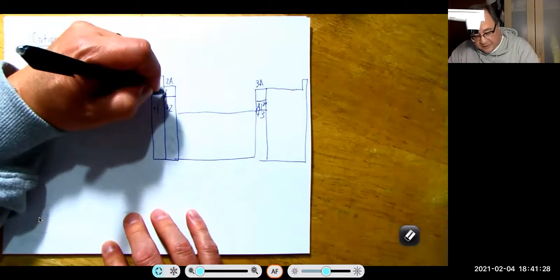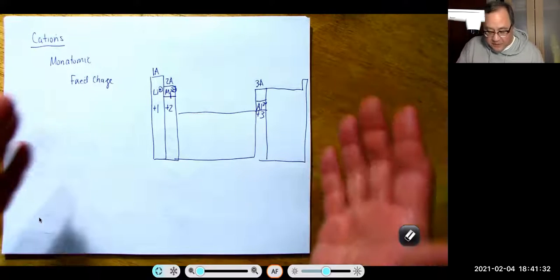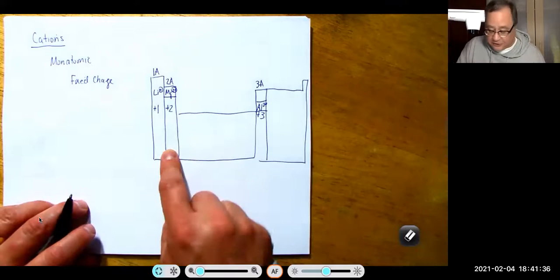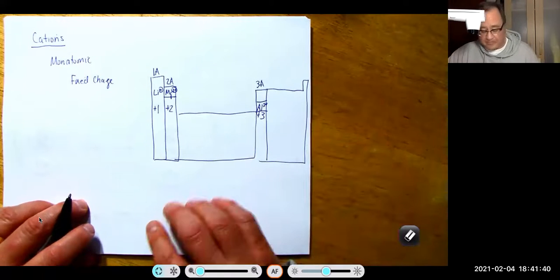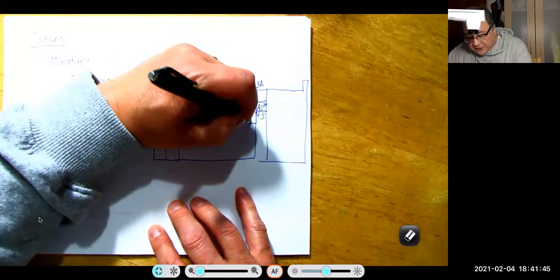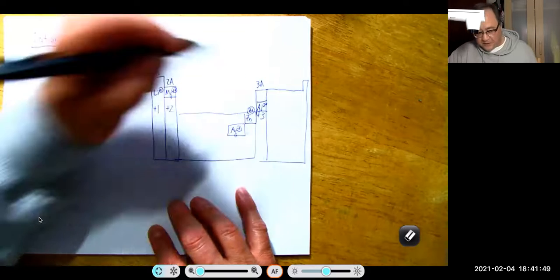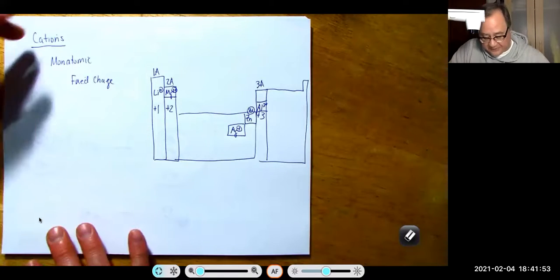Magnesium is +2. So that's the charge you expect for anything in 1A, +1, anything in 2A, +2, and metals in 3A, +3. In addition, there's zinc, which is going to be a +2, and there's silver, which is going to be a +1. Those are all of the fixed charge cations.